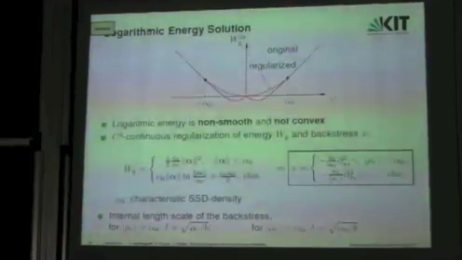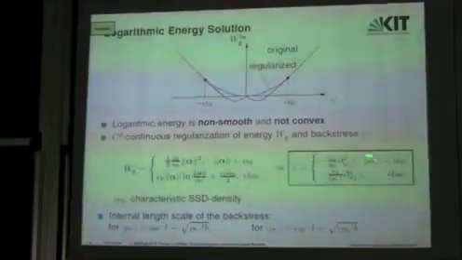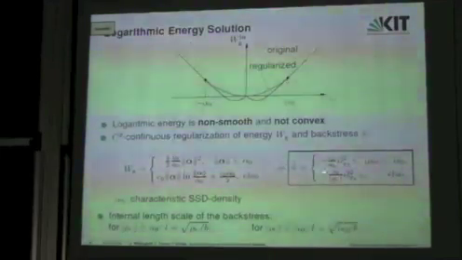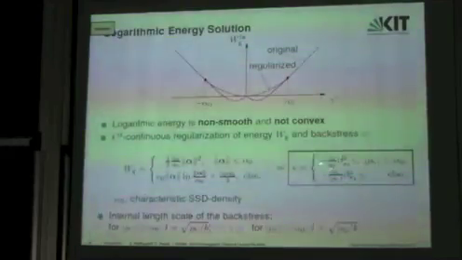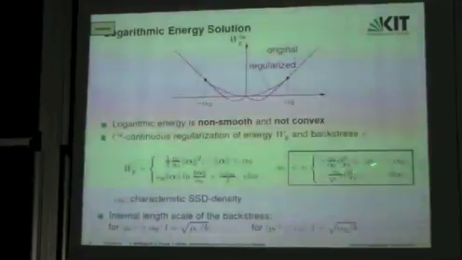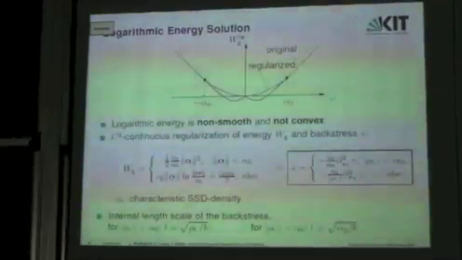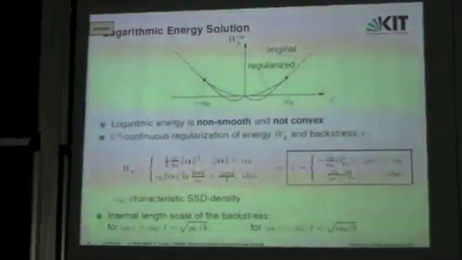However, in this region, if the GND density is less than the characteristic SSD density, we take this back stress and look at the SSD density, which appears here. Suddenly, you don't have the GND density in the denominator, but the SSD density, which means that now, in this case, your characteristic SSD density delivers the characteristic length scale of your back stress.